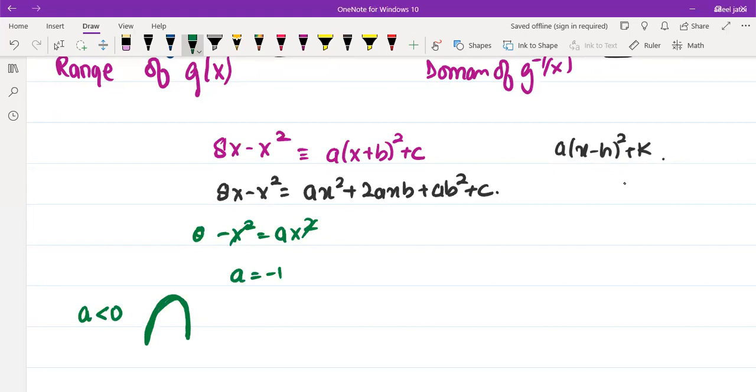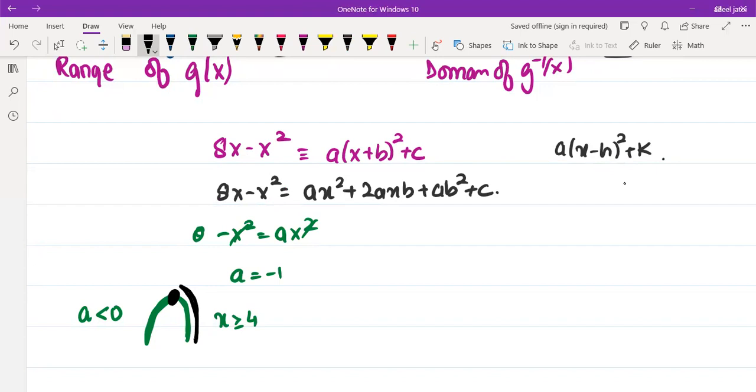Depending upon the domain, we'll be looking for the increasing or decreasing function. Since its turning point will be here and the graph represented will be here, it will normally be showing a decreasing function.